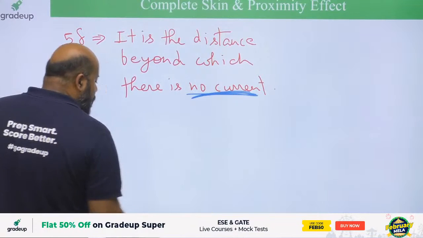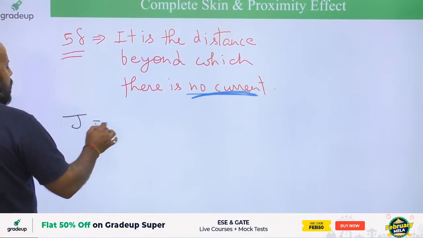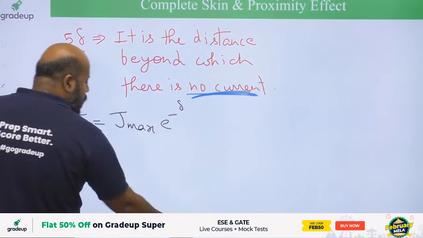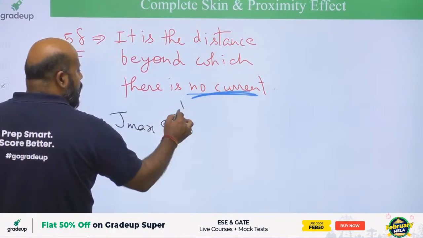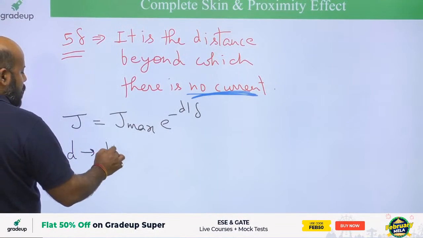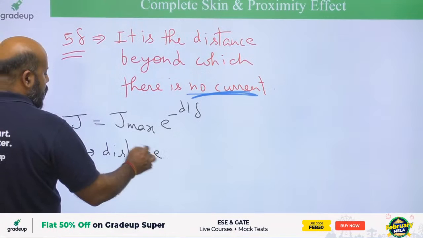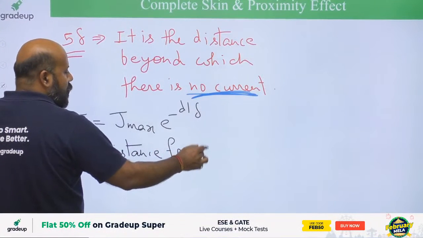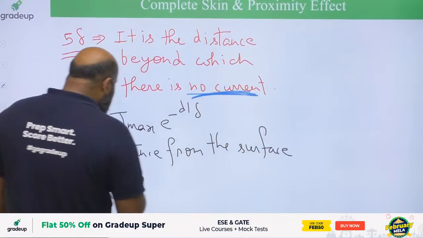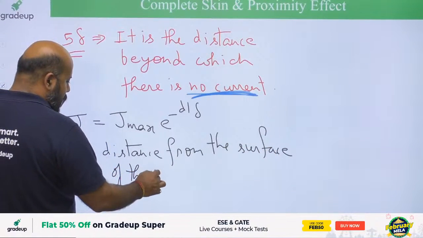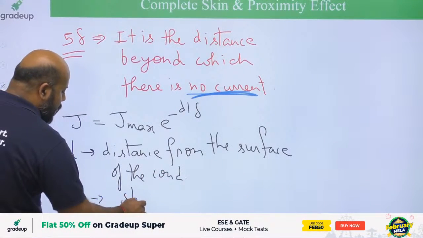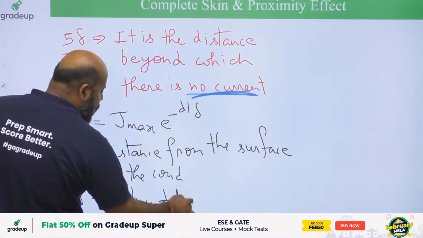If you want to write the variation of the current density, you can write J is equal to J max e raised to the power minus d upon del. What is this d? d is the distance from the surface of the conductor, and this del is nothing but the skin depth.